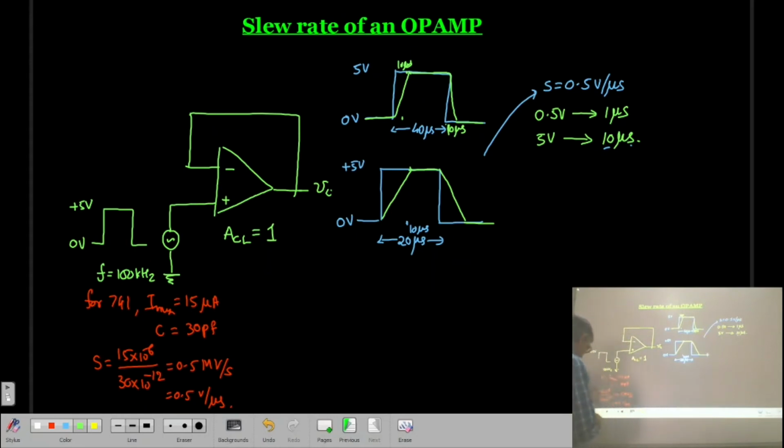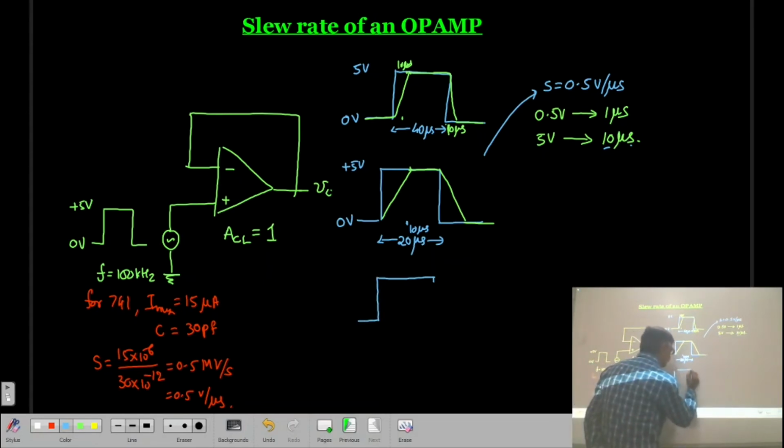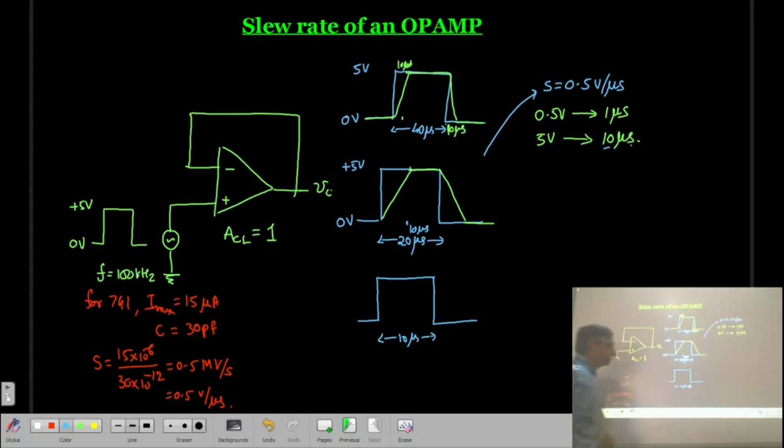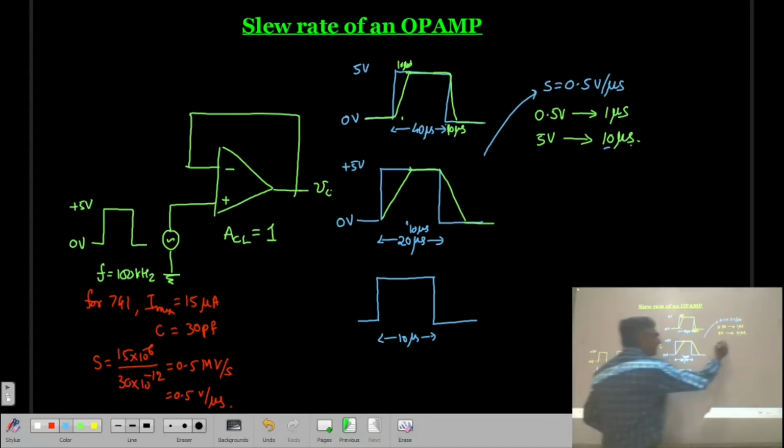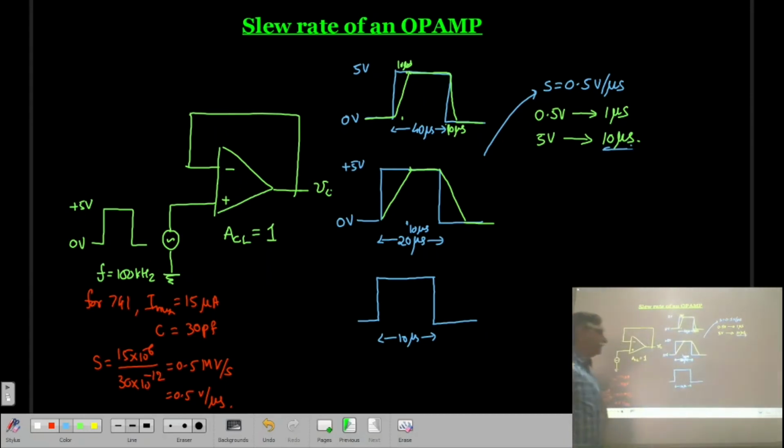Okay. Now to understand this, again we take one more pulse. Let us say this is of 10 microsecond pulse width, I am decreasing the width of the pulse, remember, correct? And the same operational amplifier we use, slew rate of 0.5 volt per microsecond. And how much time it will require? 10 microsecond to reach the 5 volt.